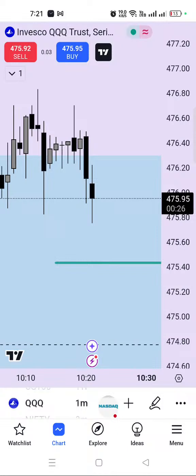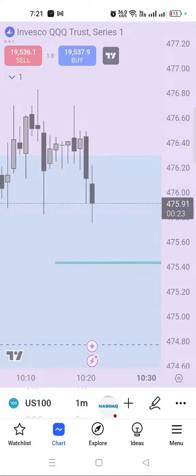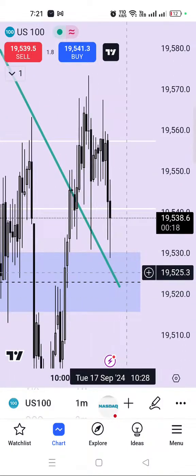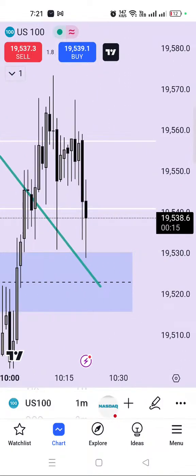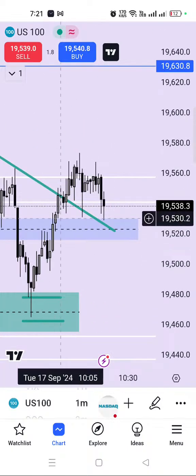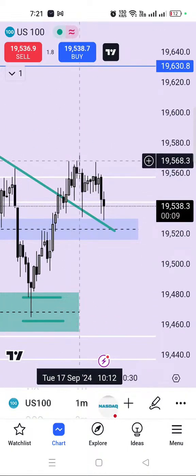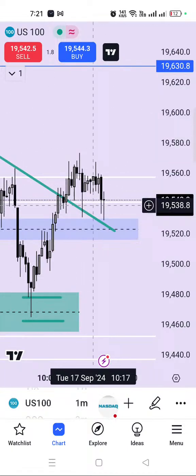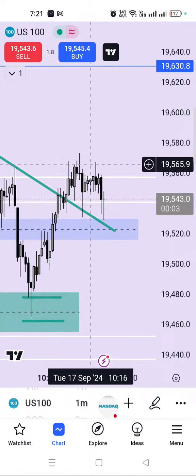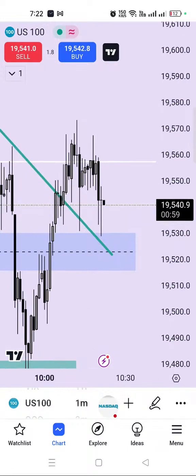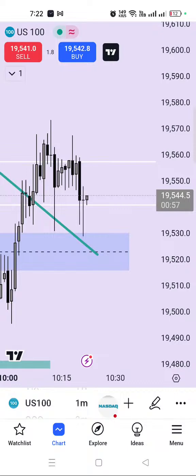Now I can buy it, but at 20. I need some good confirmation. Watch how the price is reacting to my blue box. Okay, that was the breakout. I need the market makers to make you believe that it was a fake out, so I need some sort of violence.